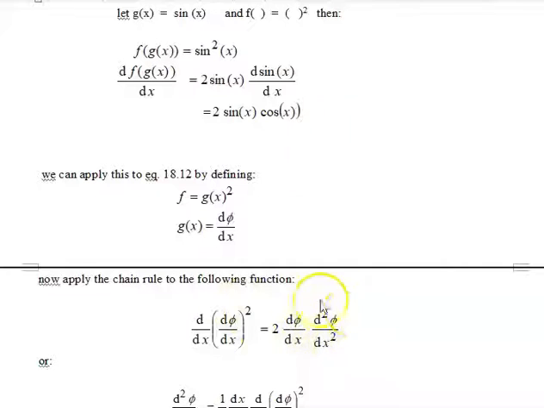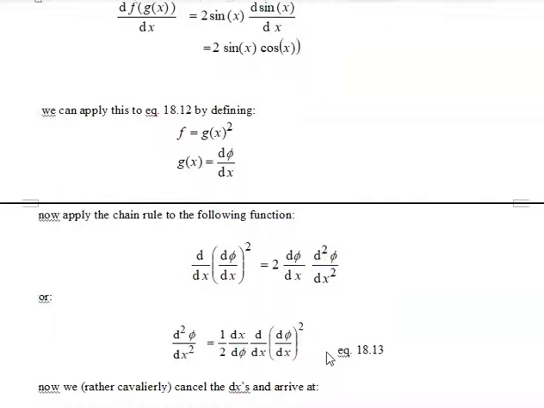This is the term right here which we are interested in. So we just take all this good stuff and slam it over to the left side. The 2 becomes 1/2. We flip this guy. This becomes dx d phi, and then we just rewrite d dx of the second derivative.